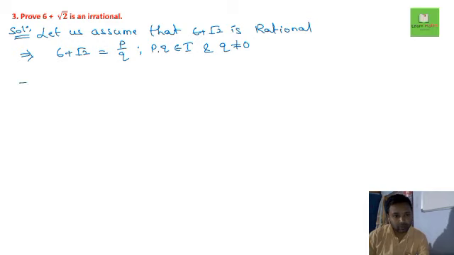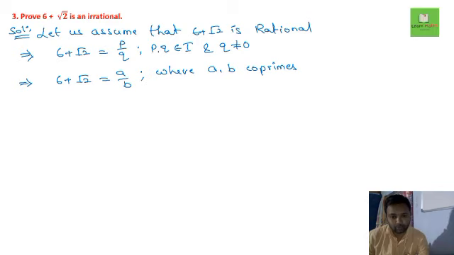Suppose p and q have some common factor. So try to express p by q in the lowest form. So 6 plus root 2 is equal to a by b, where a, b are coprimes. So now apply the transposition directly.